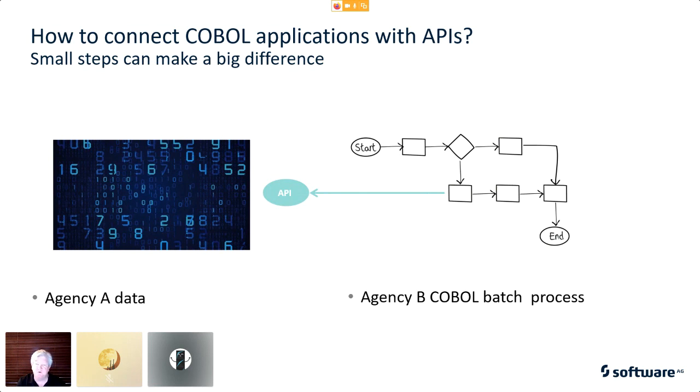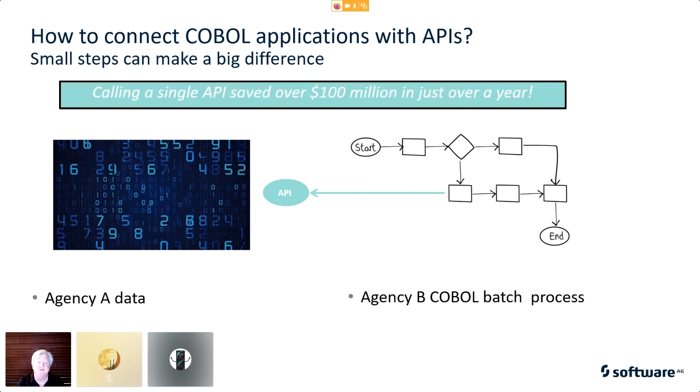So this enterprising programmer, without asking anyone's permission, incorporated that API into that batch process. From the time that programmer discovered it to the time it was implemented in production was less than 6 weeks. And that one simple API in your COBOL process saved that state over $100 million in preventing fraudulent unemployment claims in just over a year.